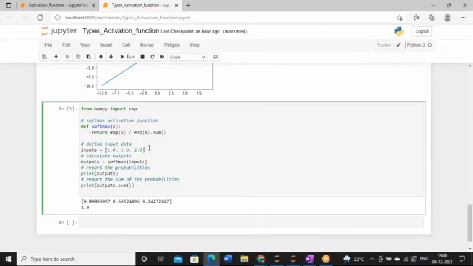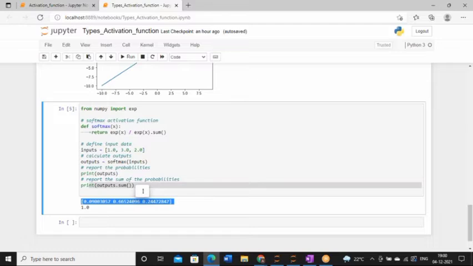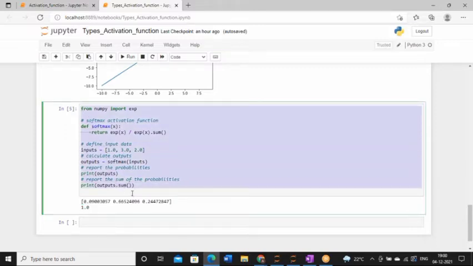And if you see the output of this softmax activation function, you will not be able to understand anything. So my point is, today we are going to discuss the actual logic behind this softmax activation function and why we are getting this kind of output, 0.09 and 0.66.